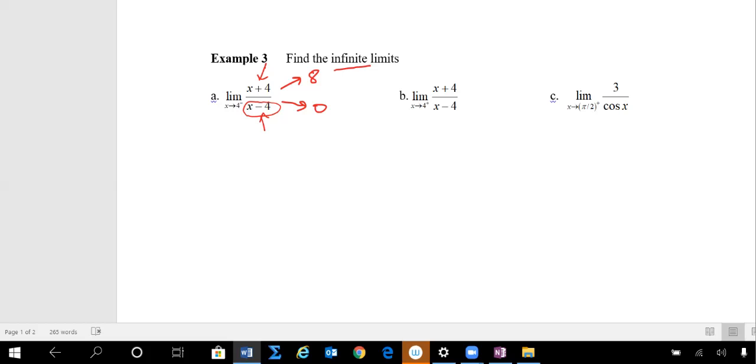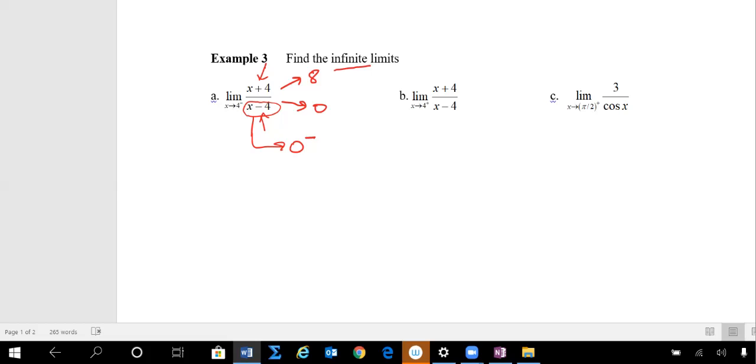When x is less than 4, it's heading to 0 from the left. In other words, it's negative. Since x is heading to 4 from numbers less than 4, and you're subtracting 4, you're going to get a negative denominator.